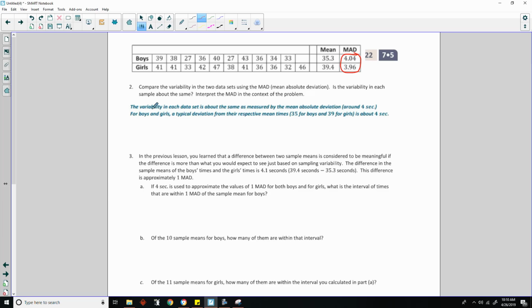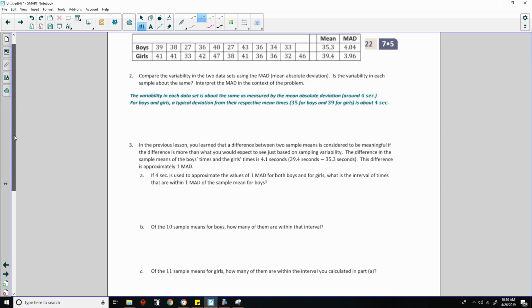So it's around 4 seconds. For boys and girls, a typical deviation from their respective mean times, 35 for the boys and 39 for the girls, is about 4 seconds. Okay, so the difference in the means is approximately what the MAD is. So the variability is about the same in each.